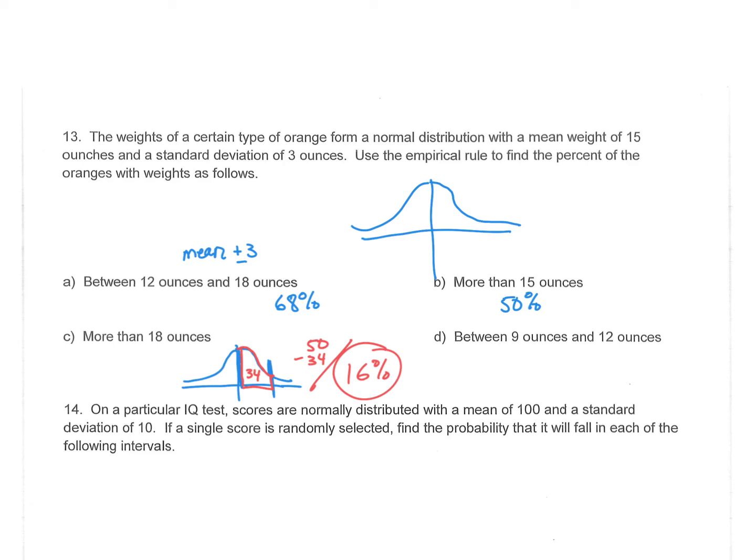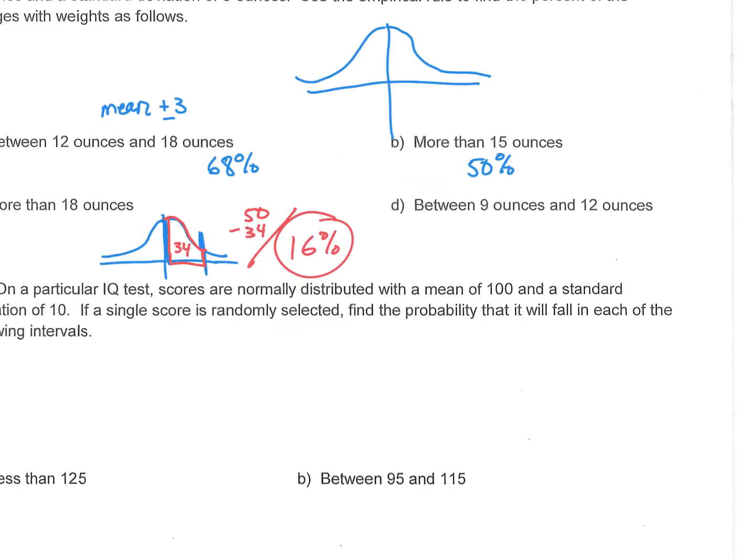And then next one is between 9 ounces and 12 ounces. So this would be between 2 standard deviations and 1 standard deviation. Okay, so graphing this, the mean is at 15, so 12 would be 1 standard deviation, and 9 would be another standard deviation.